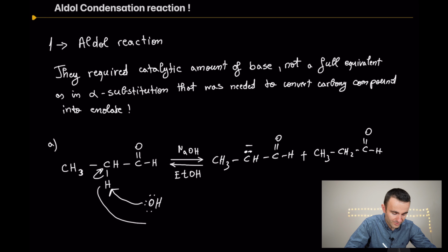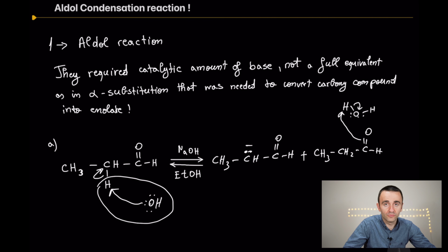Here you have the formation of one molecule of water. It's going to be used here. And this oxygen here is going to be protonated by one hydrogen in order to regenerate the base that we started with at the beginning, because we mentioned above that the base is in catalytic amount.